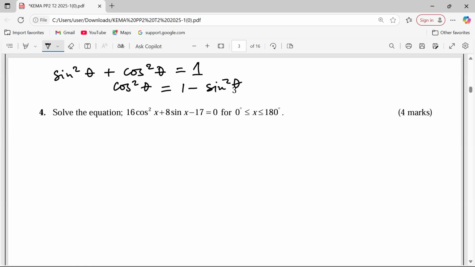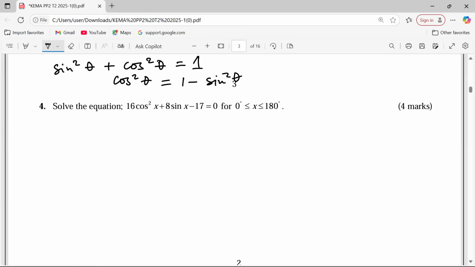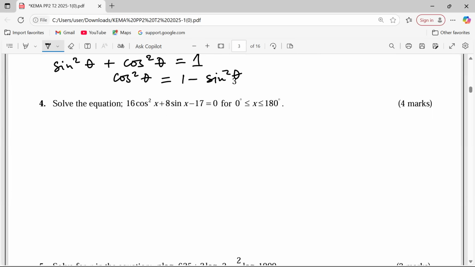We make cos squared theta the subject. At that point, we can apply the same in the first term, whereby we shall have 16, and instead of cosine squared of x, we shall have 1 minus the sine squared of x, then plus 8 sine of x minus 17 equals 0.